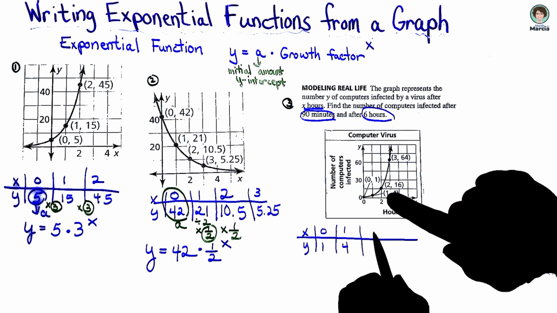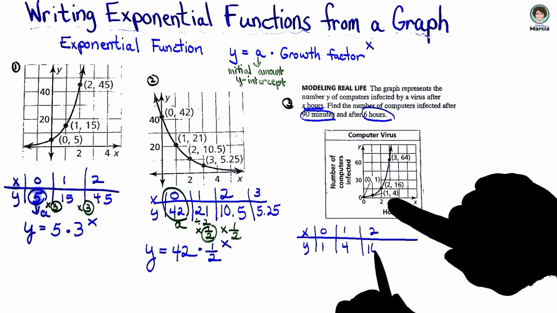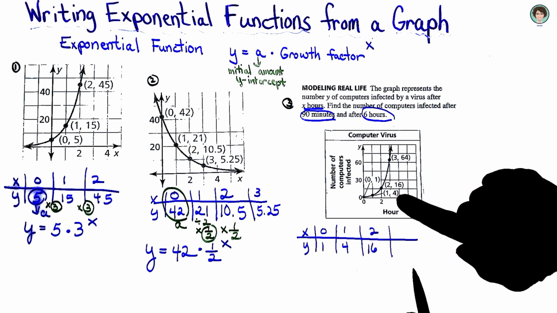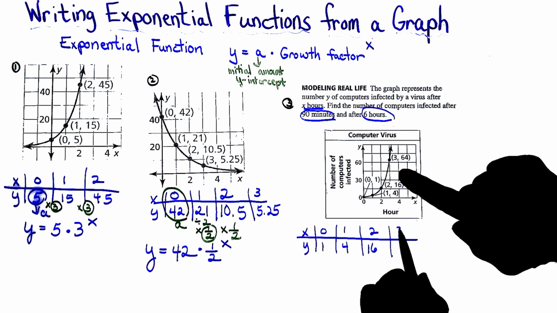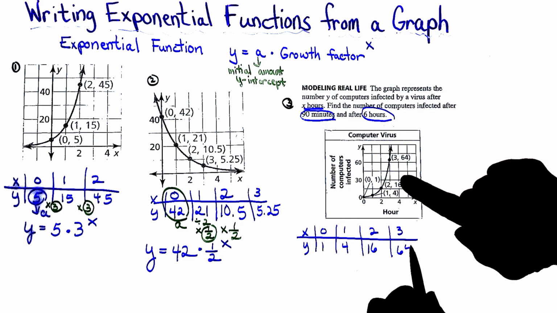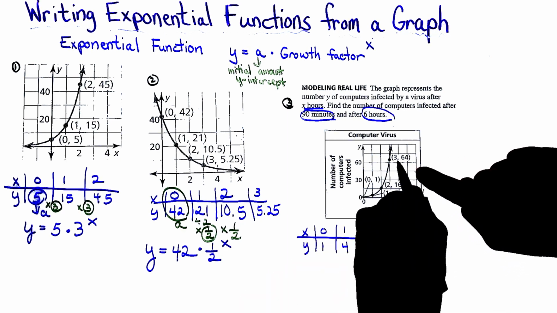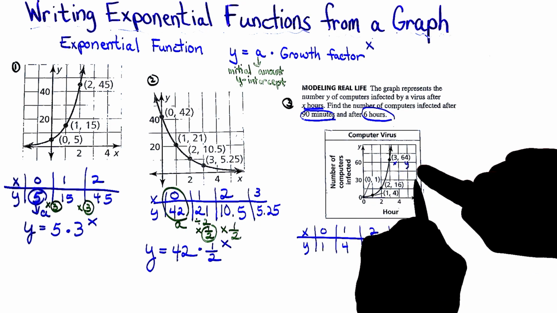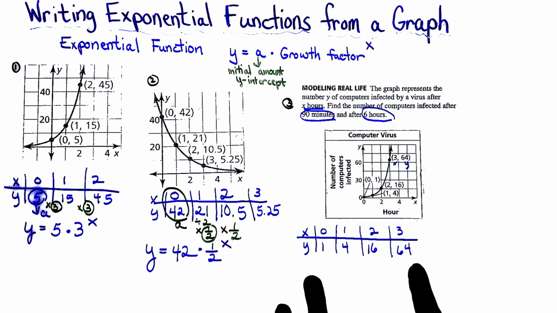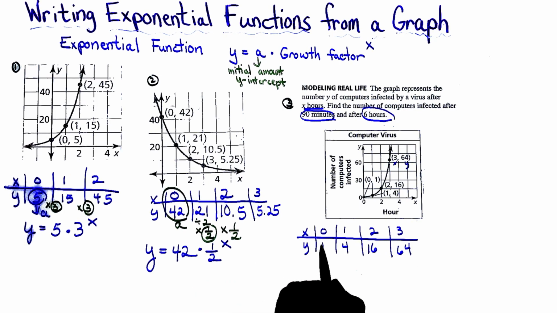The next point goes from a 2 and a 16. I'm just writing down my ordered pairs, and 3 and 64. Just in case you're not sure, remember, this is always x and this is always y, and that's how I filled in my chart.